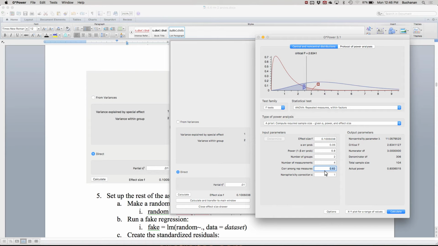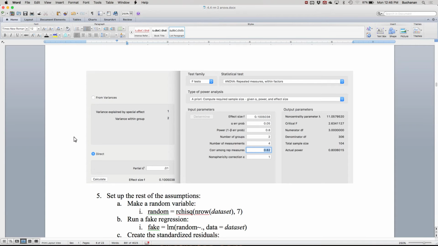So don't overestimate correlations is the point of that demo, because then you will underestimate subjects. It's always better to overestimate subjects. Don't go too high on the correlations because then you'll be screwed and you won't have enough participants. That's the summary.